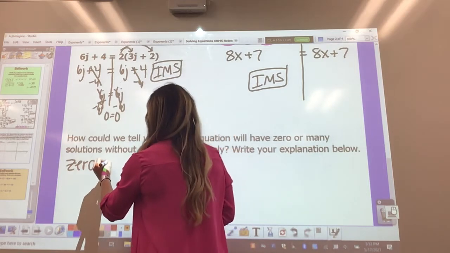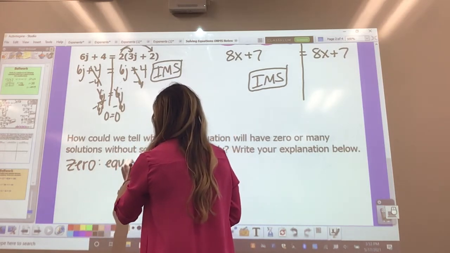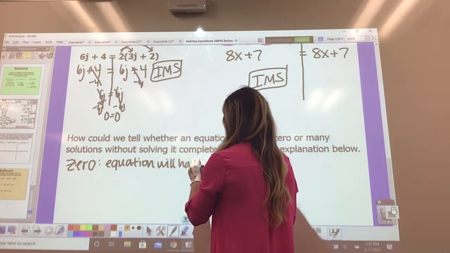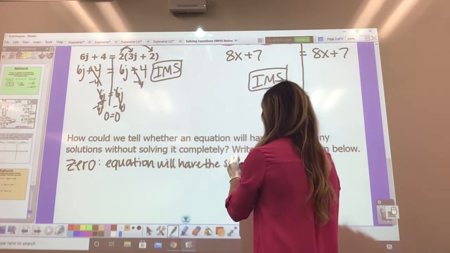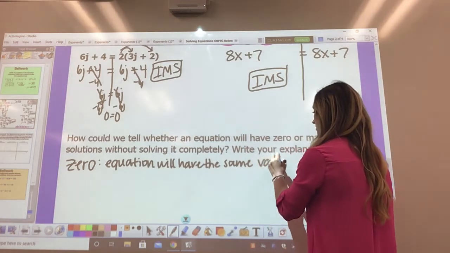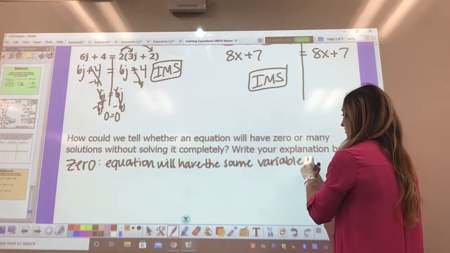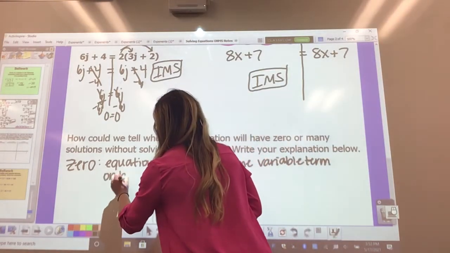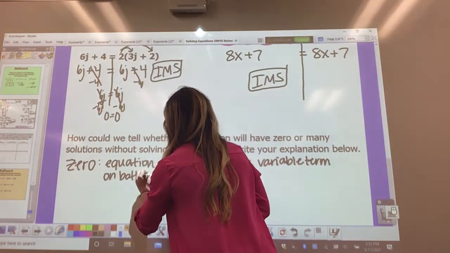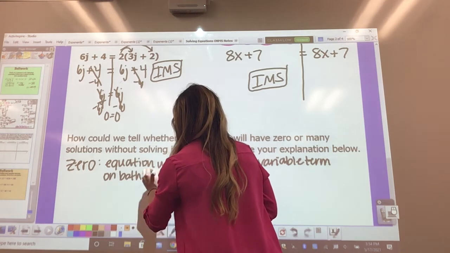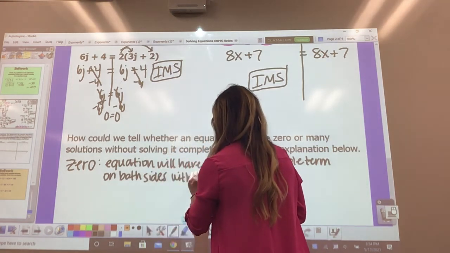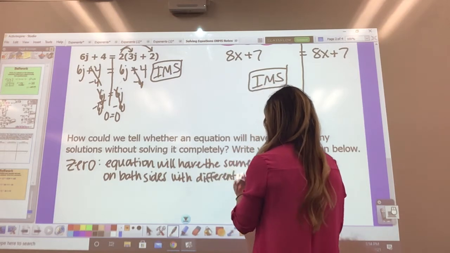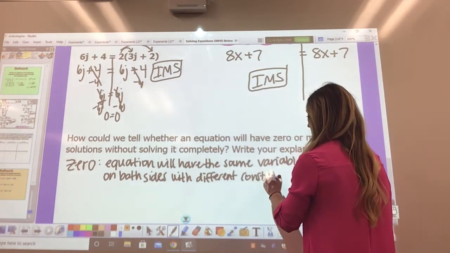Once again, the equation will have the same variable term on both sides with different constant terms.